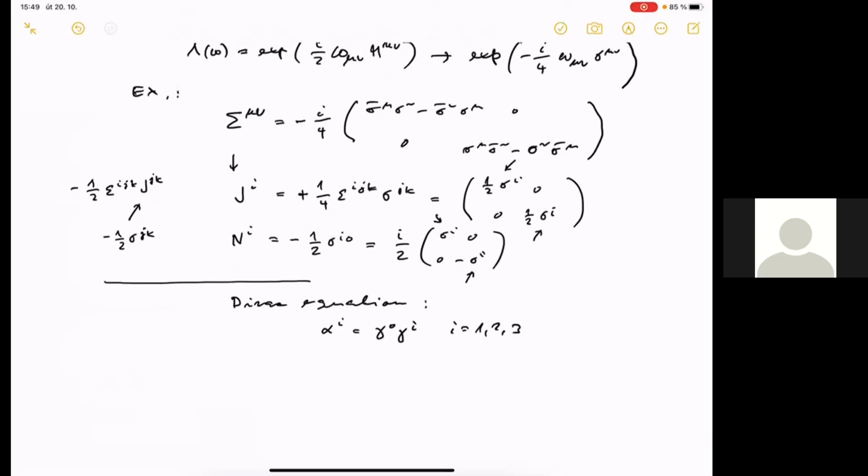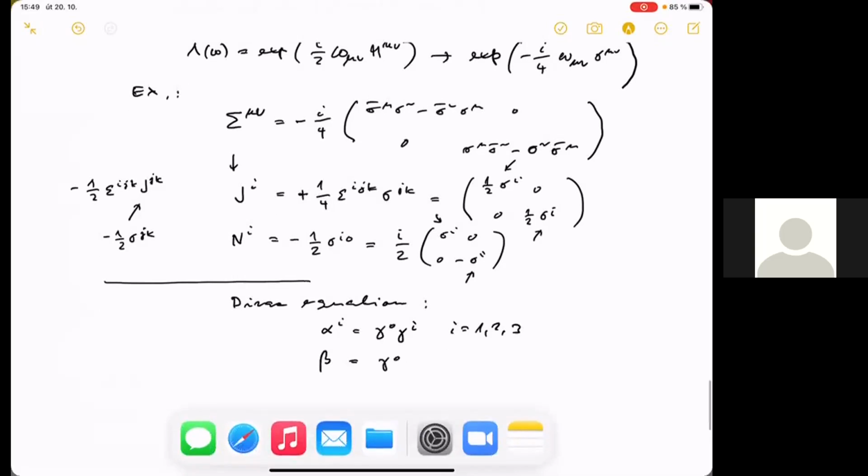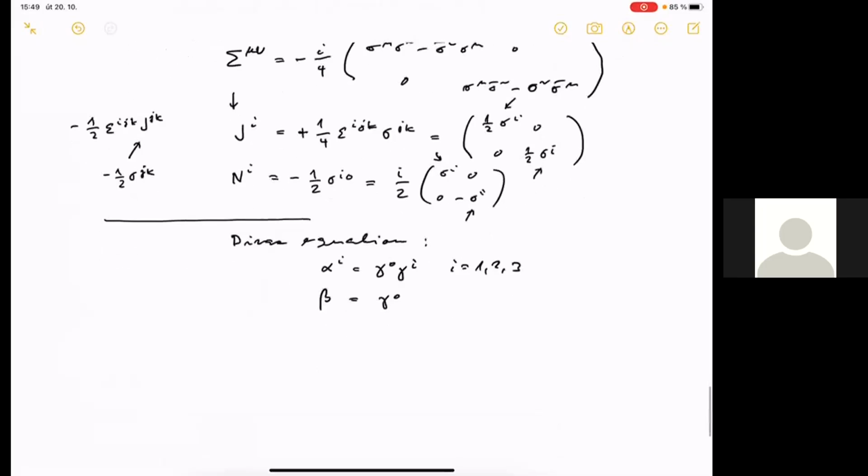And if we define the beta matrix as just gamma 0, we obtain the usual algebra of the alpha and beta matrices in the Dirac equation, which can be written in the form i times the time derivative of psi is minus i alpha times gradient plus beta m psi.